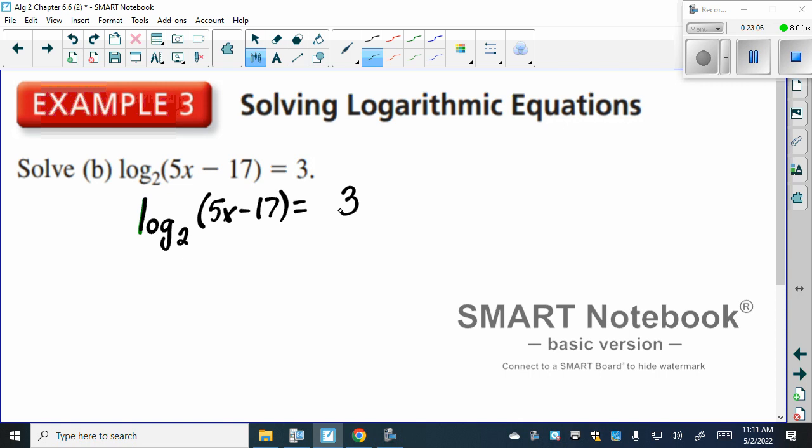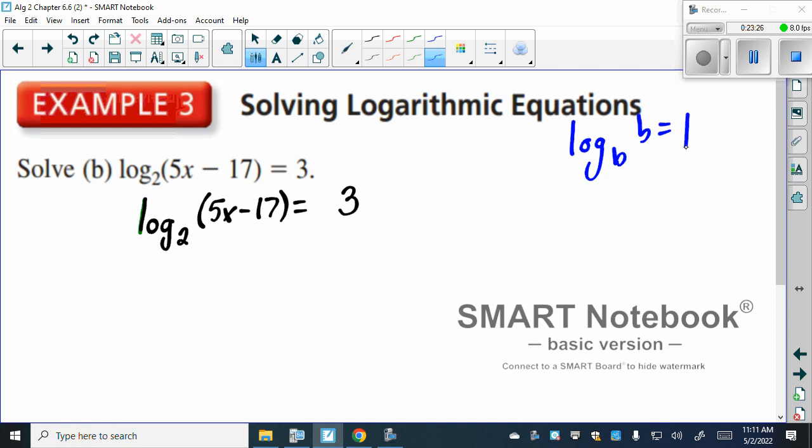So this is the next one that we have. This one's a little bit different because this time we're not starting with an exponent, we're starting with a logarithm. Now we looked at our properties, because one of the first properties we had was log base b of b is equal to 1, and that's the one we've been utilizing thus far to solve all of these.